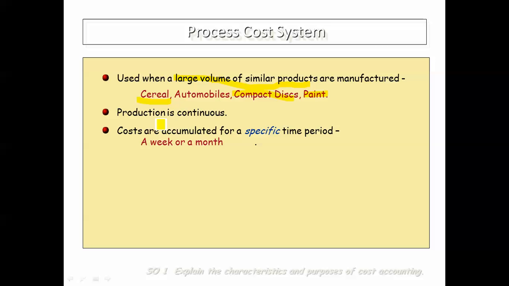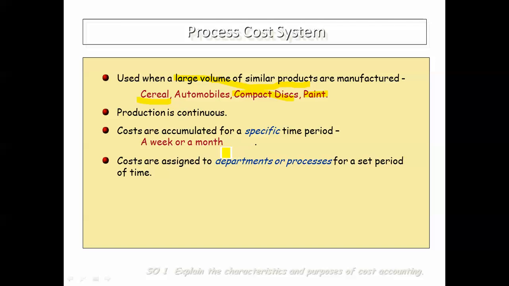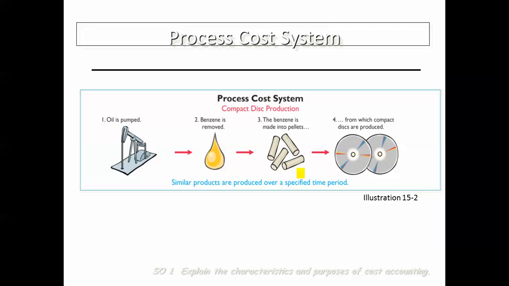That means the production is continuous and we accumulate the costs for a specific time or period, either a week or a month, for the process. We assign it to the process for that particular period of time, and then we divide through by the amount of output. Oil, for example, is continuously processed.